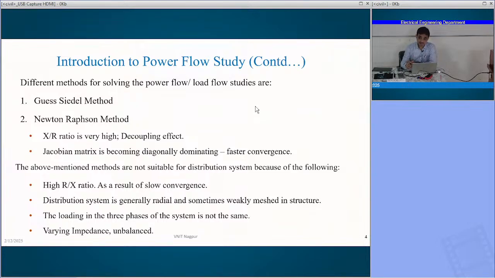But when we go for the distribution system, X by R ratio is very poor. Therefore, the Jacobian formulation does not become that diagonally dominant. Therefore, its convergence becomes slower. Therefore, identifying an alternative method is necessary.